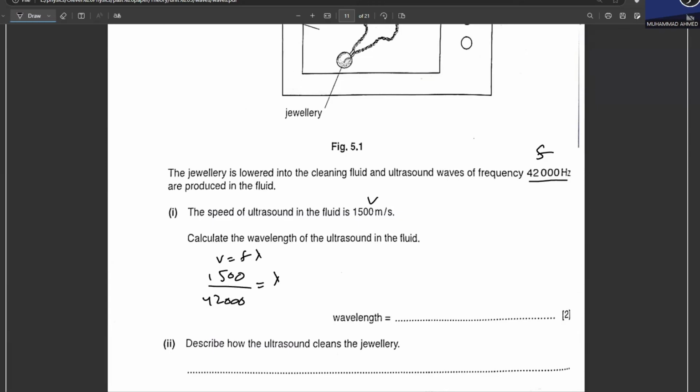What will your lambda come out to be? 1500 divided by 42,000. Lambda comes out to be 0.036 meters. Yeah, I guess that's correct.